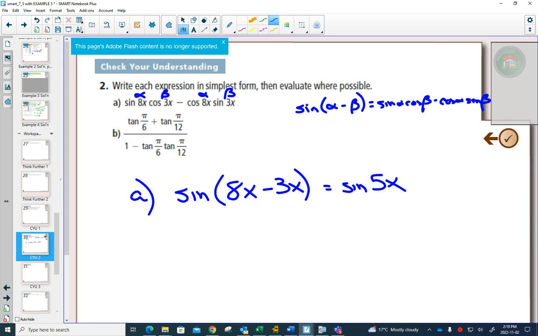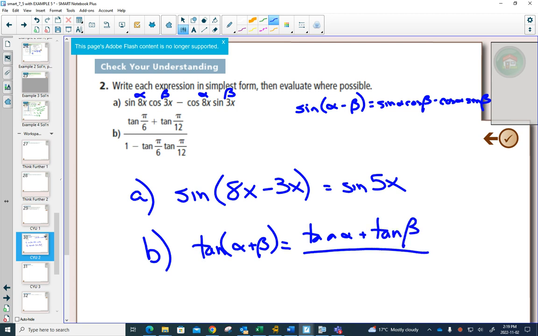Yes, I do. For part B, I look up there and I say, I have tan alpha plus beta is equal to tan alpha plus tan beta over 1 minus tan alpha tan beta.